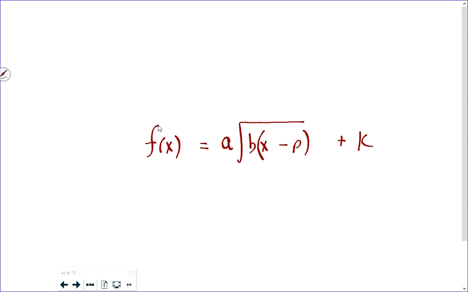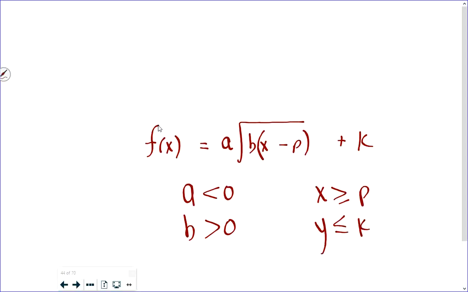I could use any letters I want. If I tell you now that a is negative and b is positive, you should be able to tell me what the domain and range are, even though you don't have any numbers. The domain would be x is greater than or equal to p, and the range would be y is less than or equal to k.